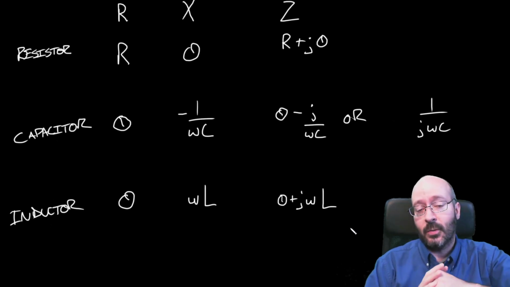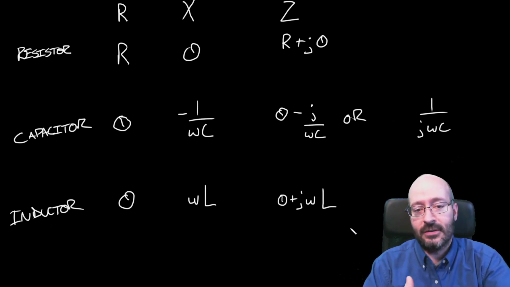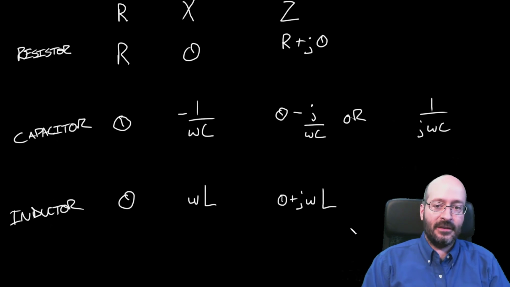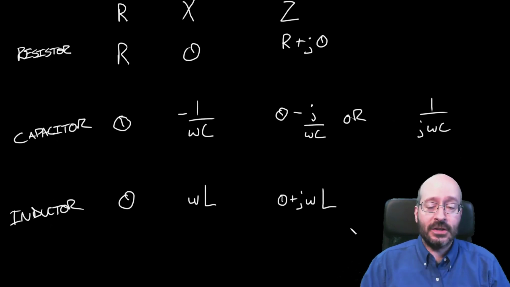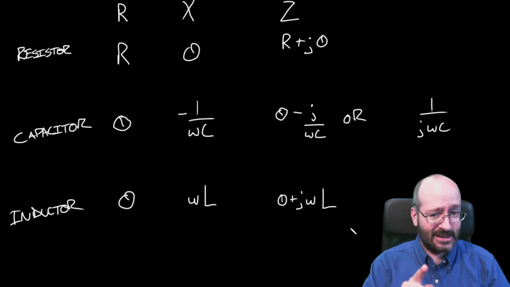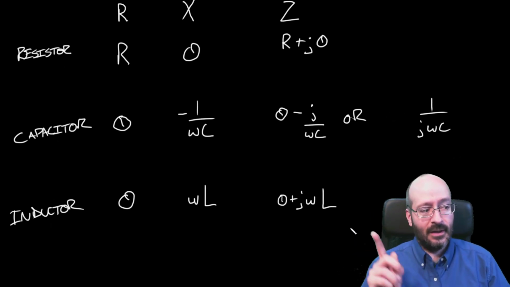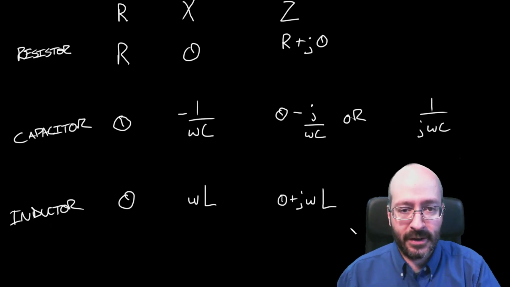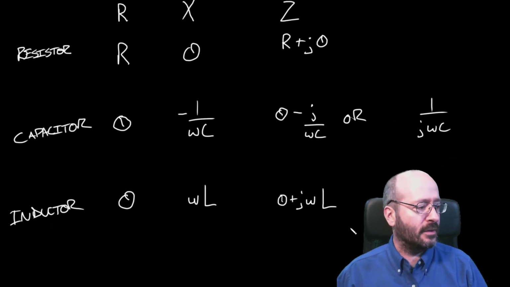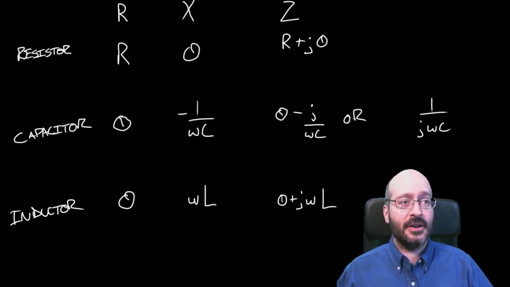It's what we're going to use when we start to move circuits out of the time domain and into the phasor domain. We're going to relate the voltages and currents using this table. This is going to get stuck in your head, I promise you. There's going to be enough repetition to make it stick.